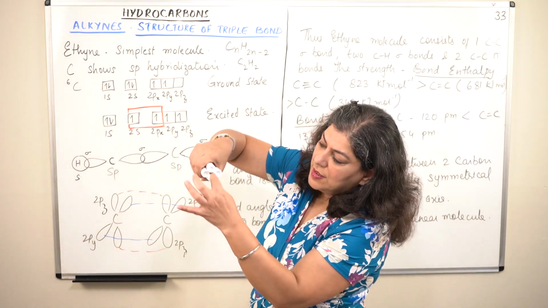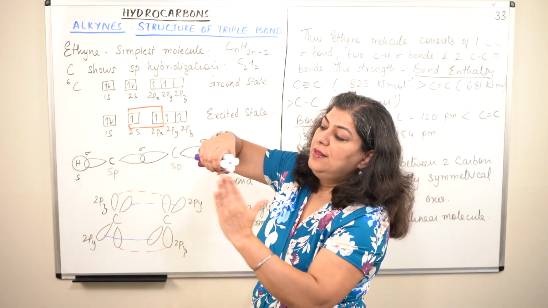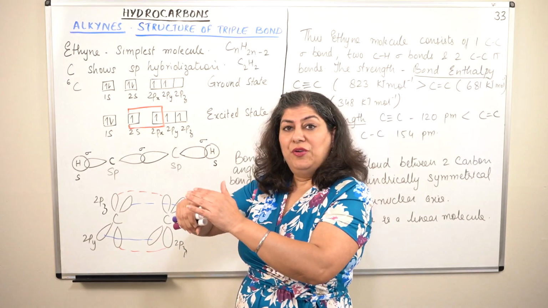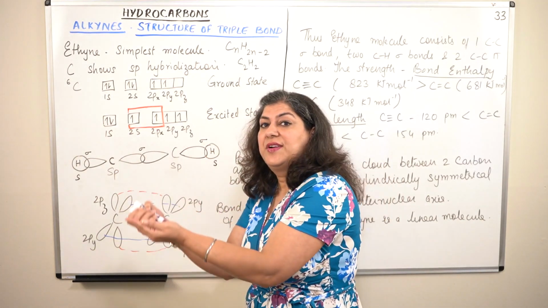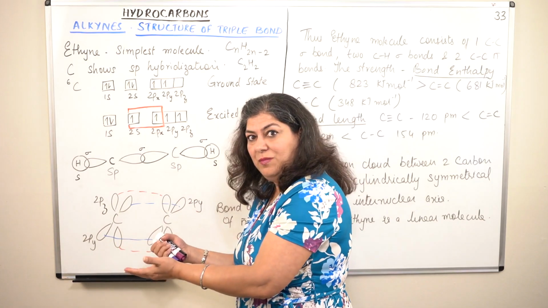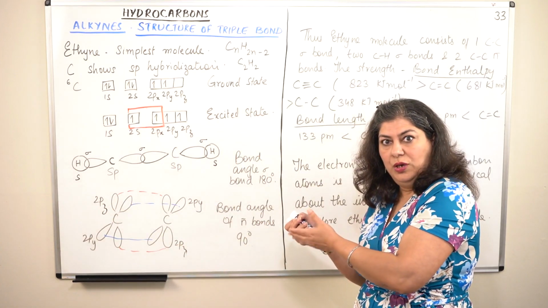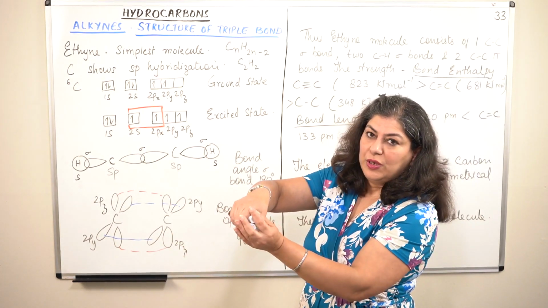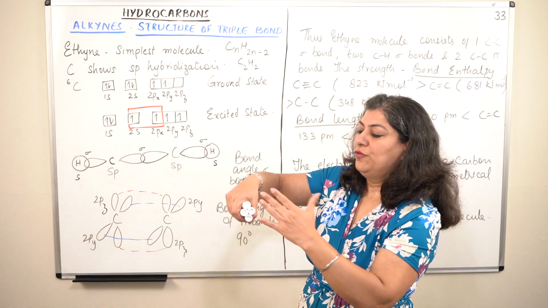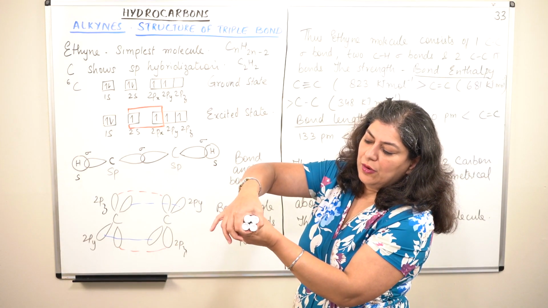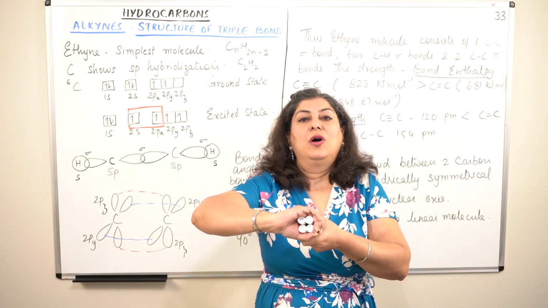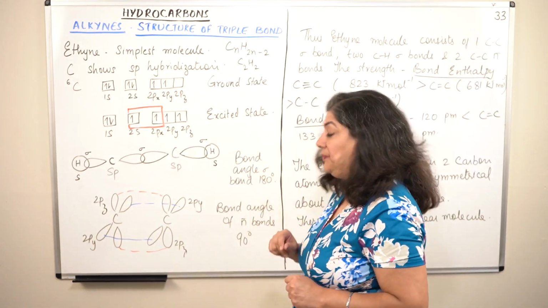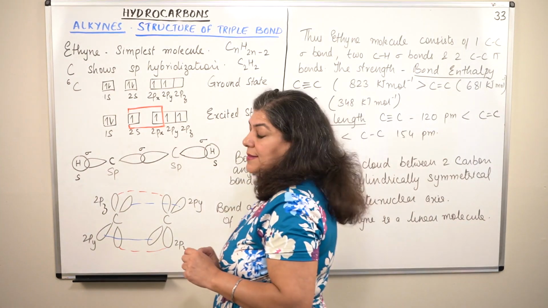Imagine the central line to be the sigma bond, and these being the pi bonds. They all form a kind of cylindrical structure. So it is a linear molecule, and it is cylindrical. If you imagine the electron clouds, they appear to be all overlapping and together, and they form one long cylinder. And the bond angles are 90 degrees.